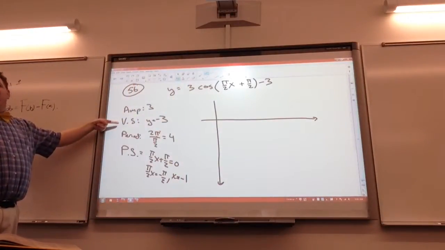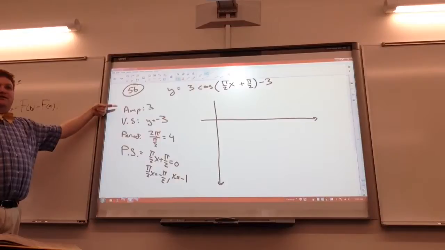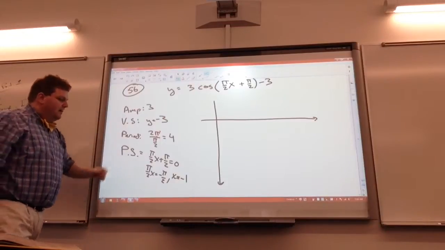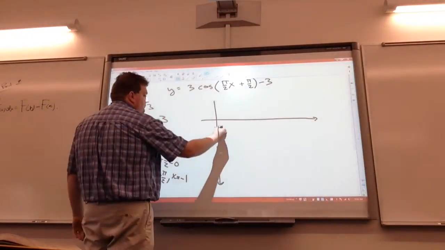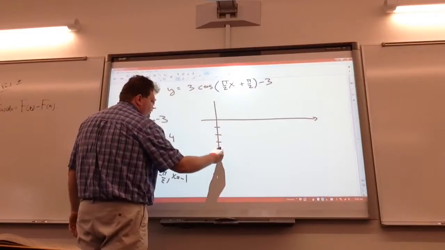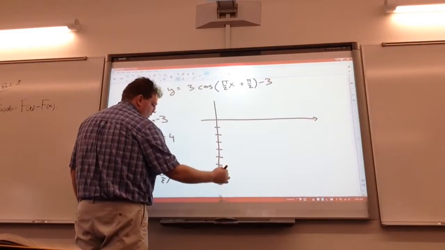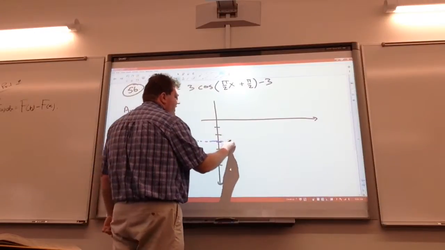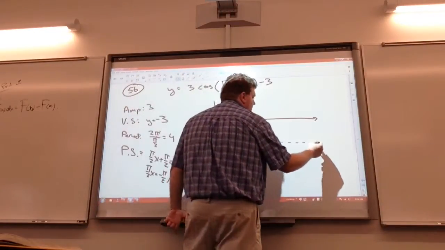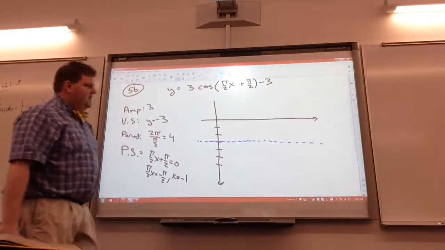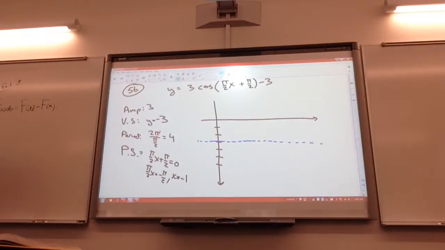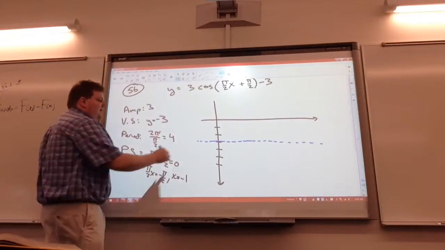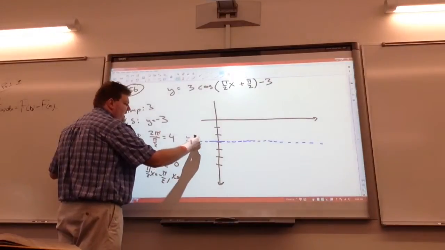Because we're going down negative 3, and my amplitude is 3 on top of that. I'm going to start by putting the vertical shift on first, the sinusoidal axis. So I'll put a dotted line for it, because it's nice to see where that actually is. So that's y equals negative 3, the sinusoidal axis, or baseline.